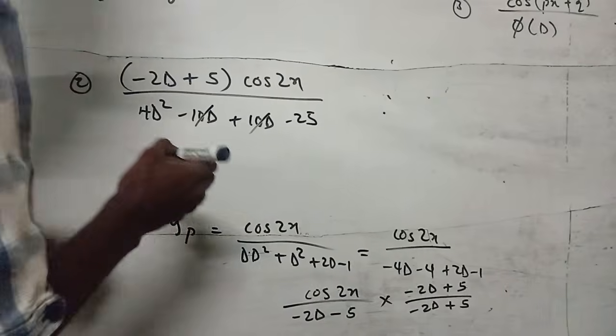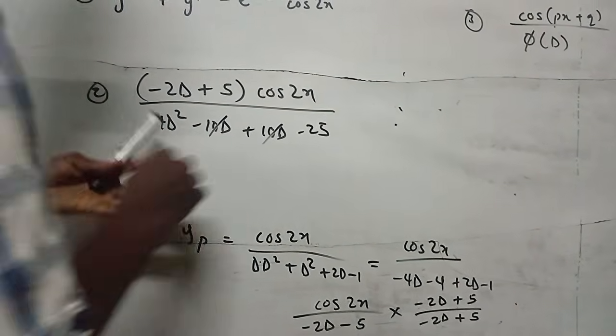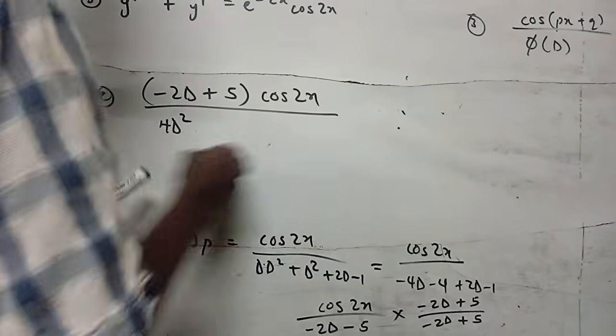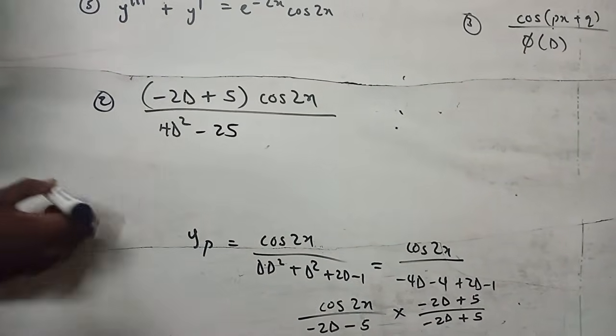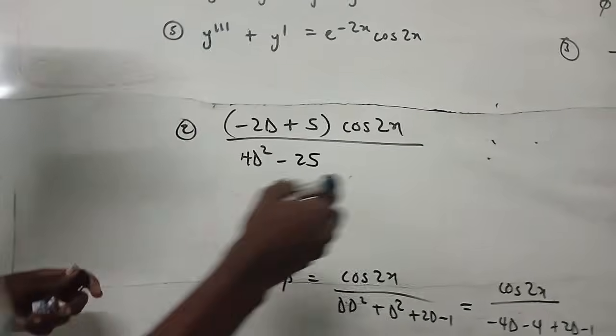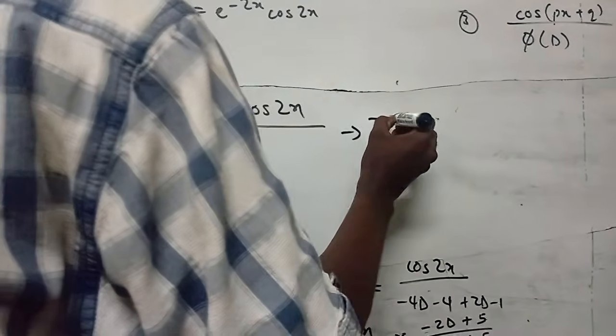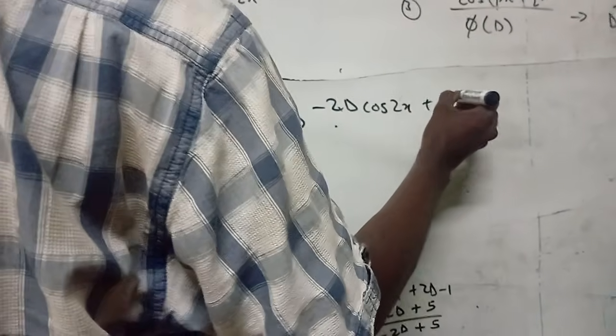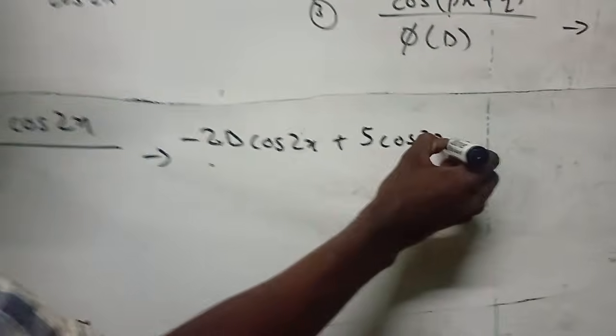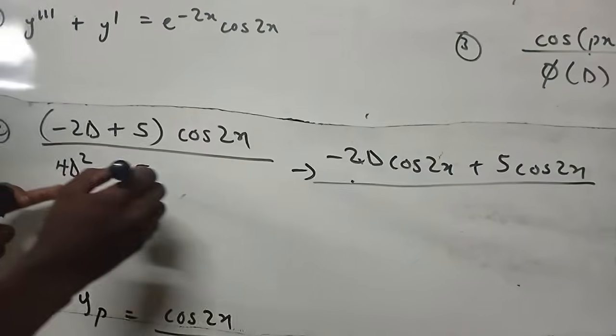Now this cancels out, so we don't need it. So minus 25 just stays. So opening this bracket, we are going to get something like minus 2d cos 2x plus 5 cos 2x all over 4d squared.